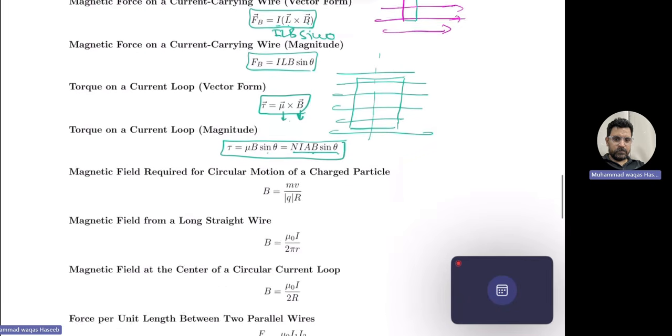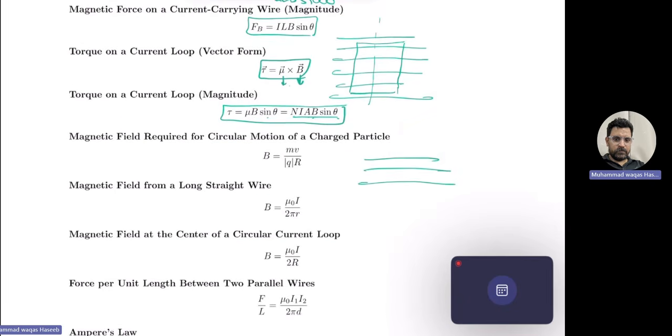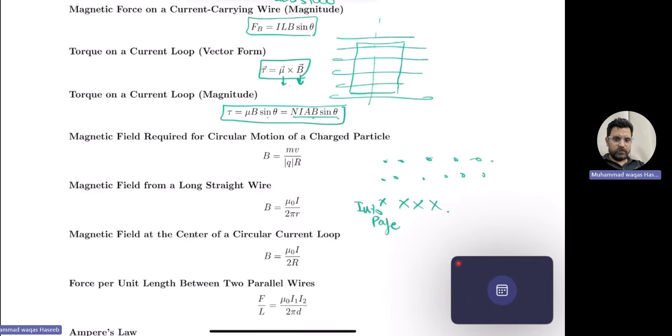You can show a magnetic field with a dot, or you can have a cross. A magnetic field into the page is represented by this, and a magnetic field out of the page is represented by this.